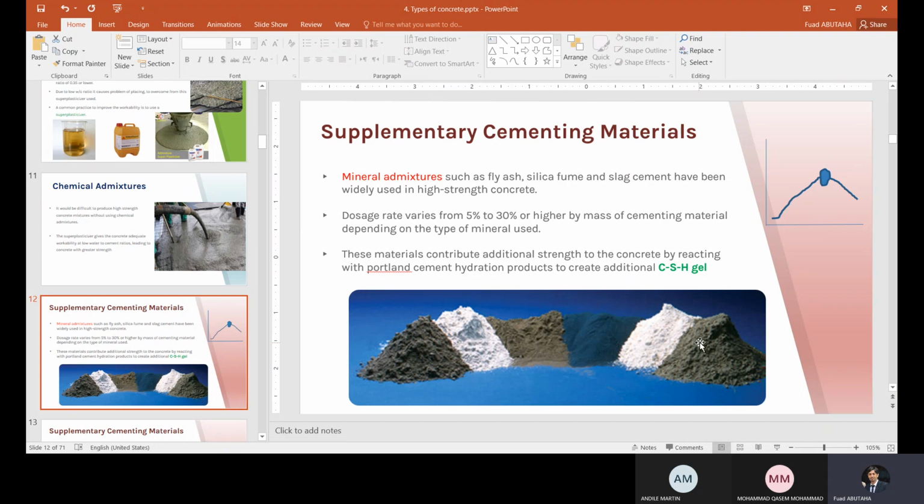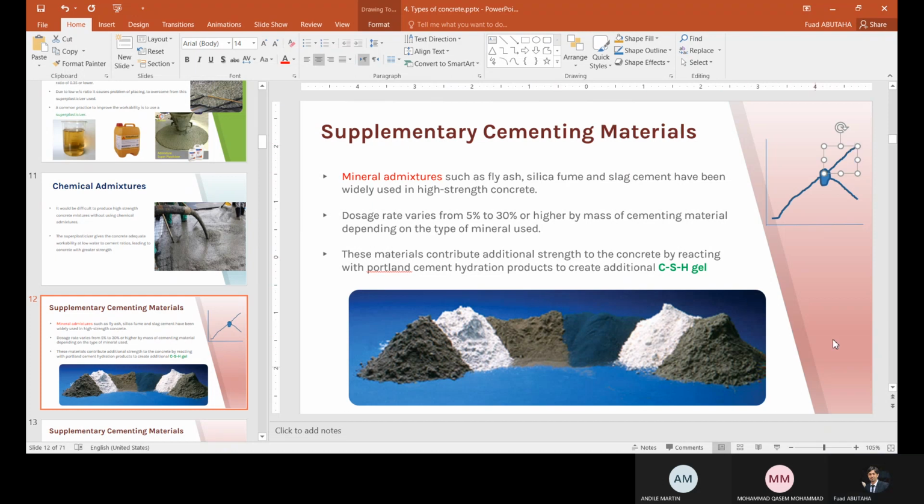What are these mineral admixtures? This mineral admixture can be used as a cement replacement, and when I start using it as a cement replacement, I can achieve higher strength. The strength of the concrete will keep increasing, at some point, depending on the mix design.